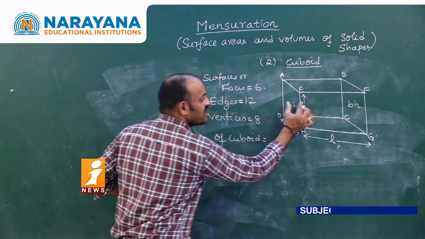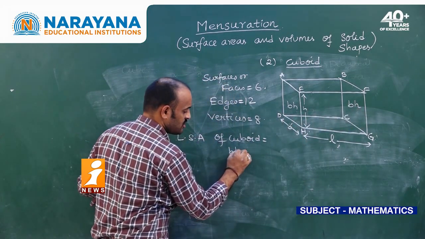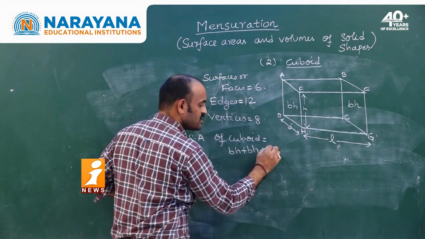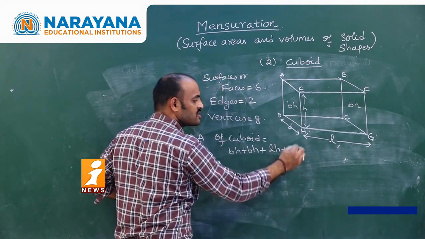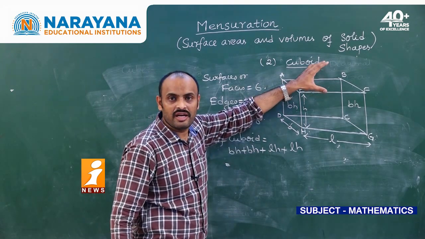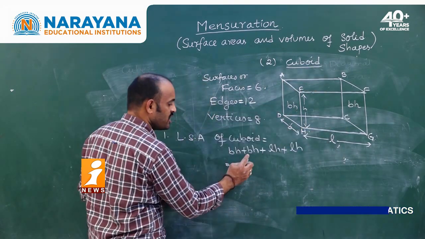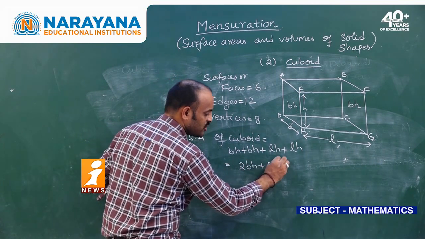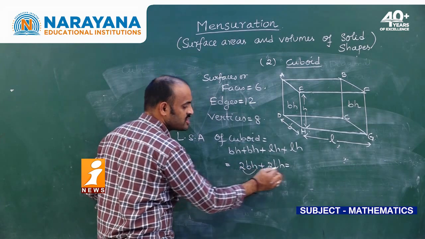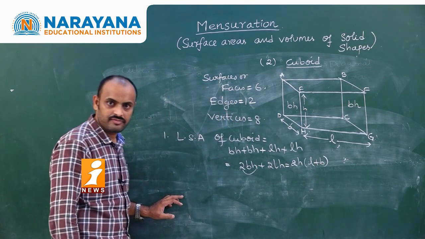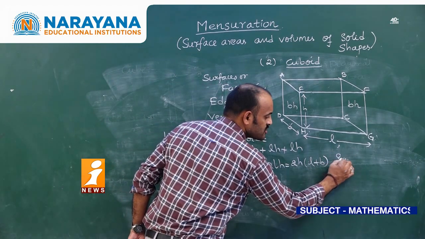Therefore, BH plus BH plus front area LH, plus back area LH. We are not going to add the top area as well as the bottom area. So BH plus BH, 2BH, plus LH plus LH, 2LH. Taking 2H common, 2H into (L plus B) square units.